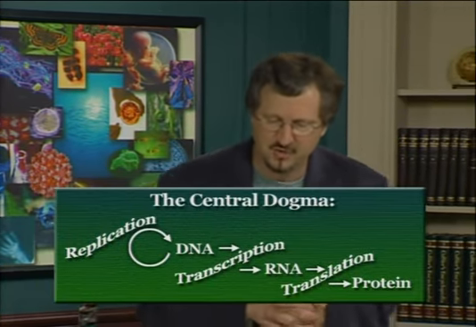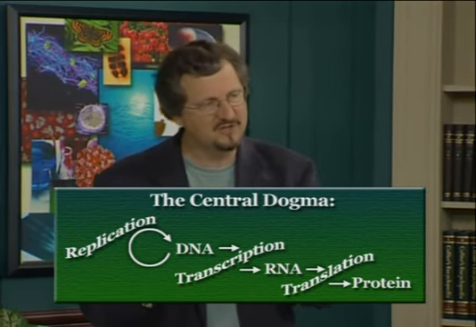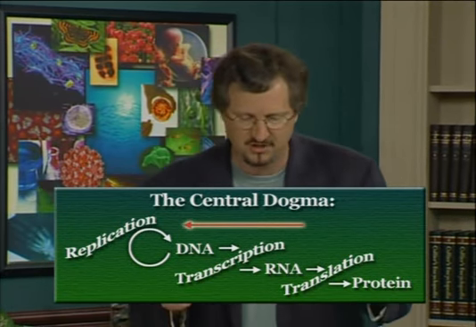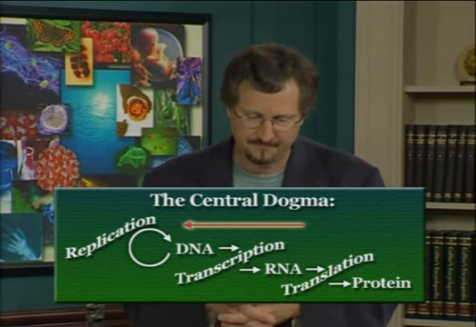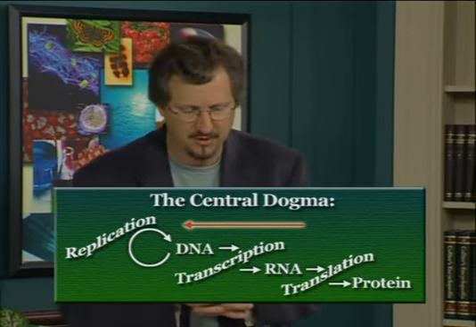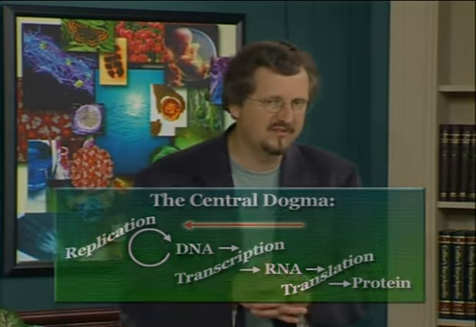This discovery upset one of the key relationships embodied in the original formulation of the Central Dogma by showing that it's possible for information to flow in the reverse direction from RNA to DNA, completely at odds with what Crick had proposed. These kinds of viruses are now called retroviruses.